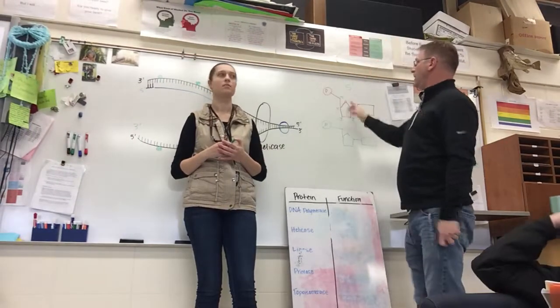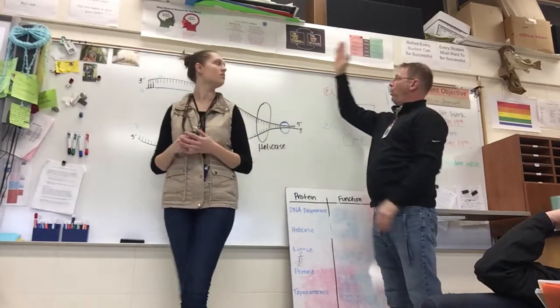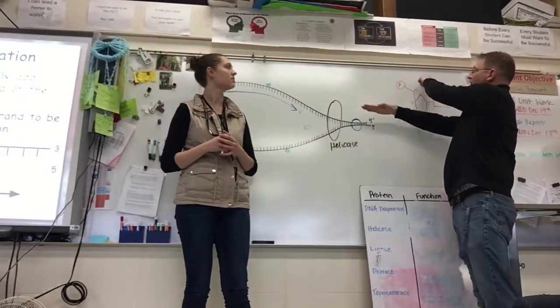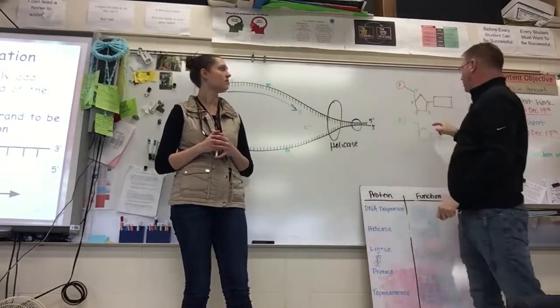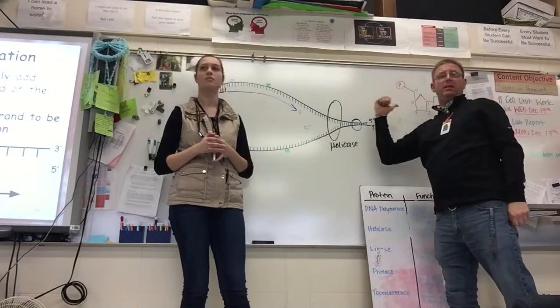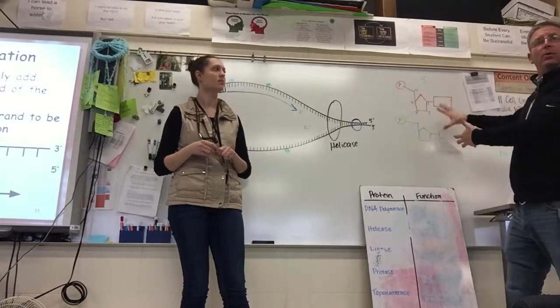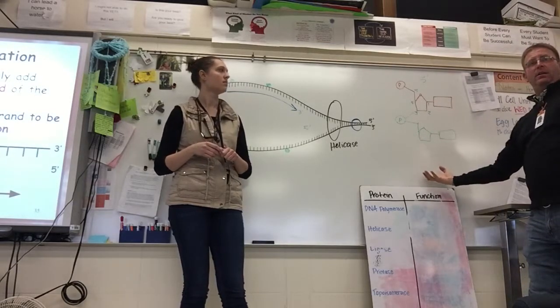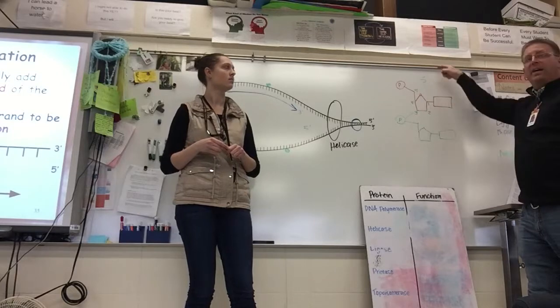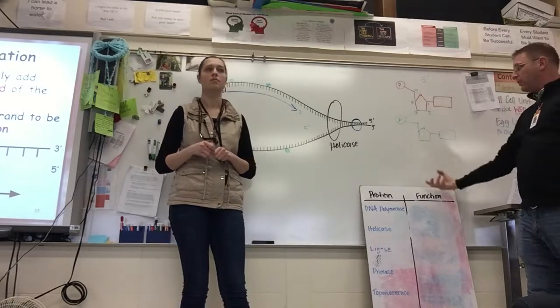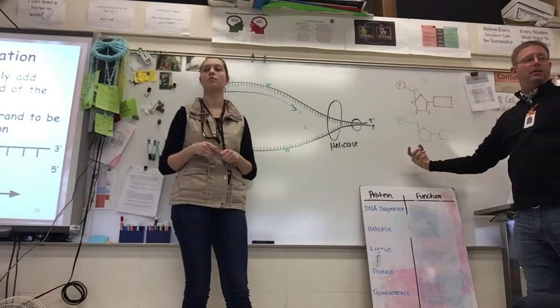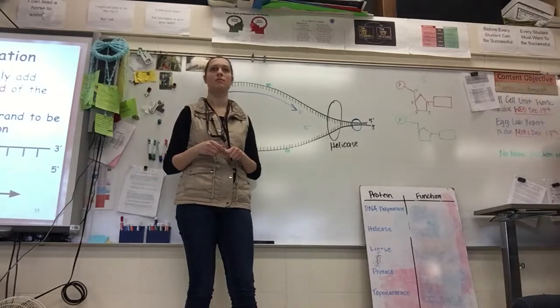So like I said, if you took this picture right here and turn it like this, the 5 now goes at the top, and the 3 will be at the end. Again, that's important because when we add new nucleotides, we can only build this way, from 5 to 3. So going this way we're going to keep adding new ones on. Does that help?